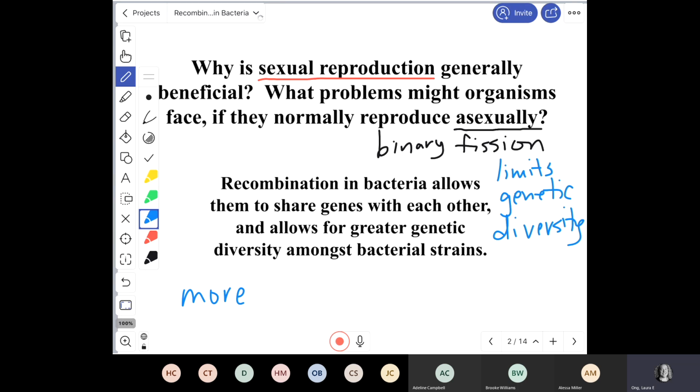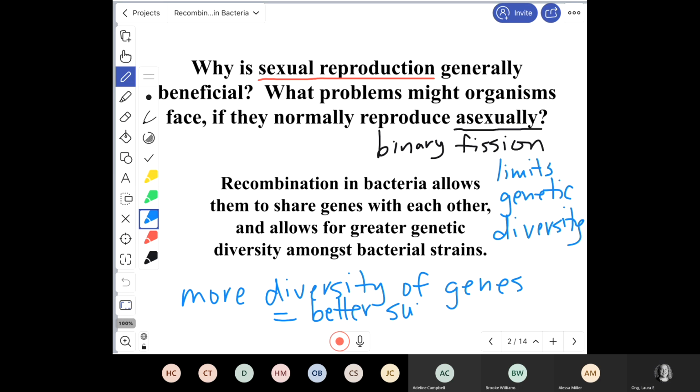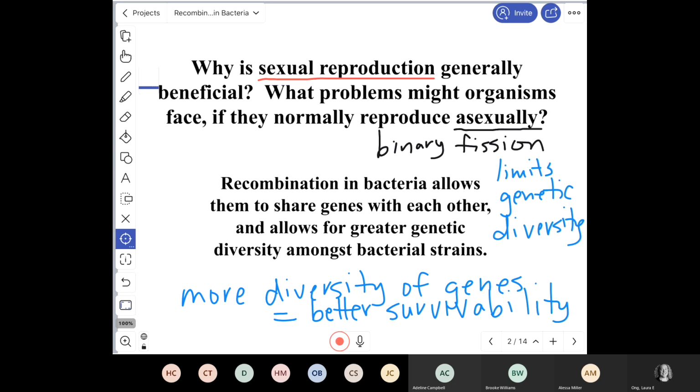If you have more diversity of genes, that is generally going to give your population better survivability. Survivability. I'm circling, this is an R right here, survivability.